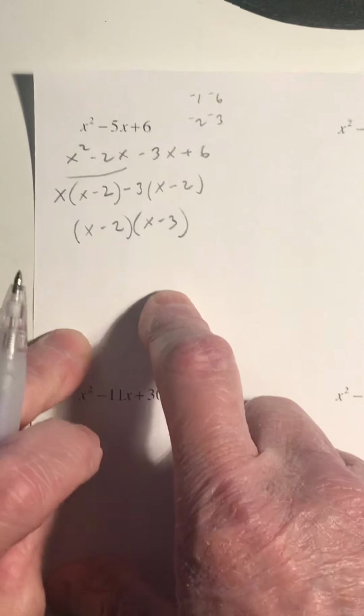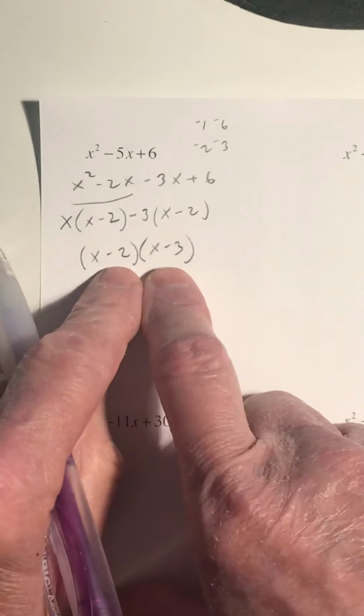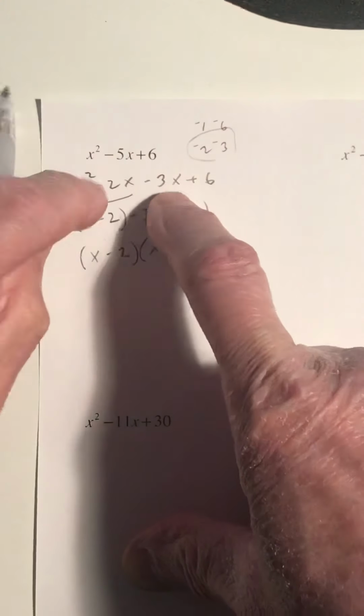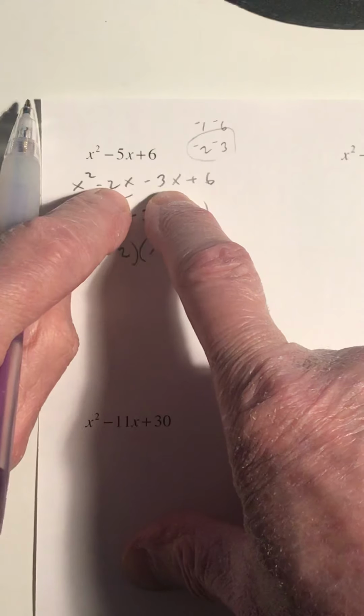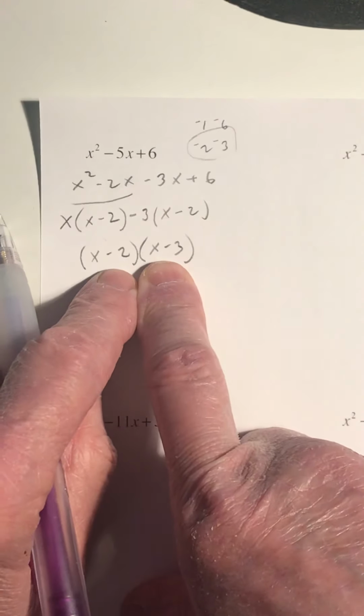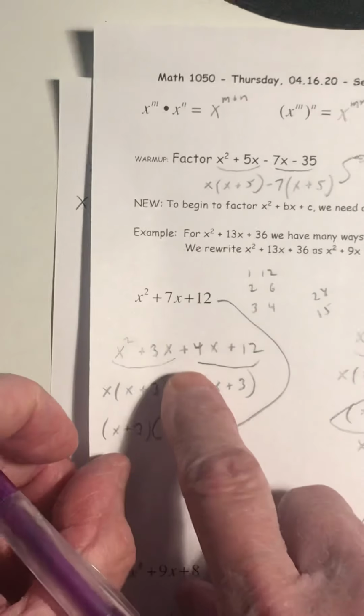Okay, now right here we might begin to notice, let me reveal, if you haven't noticed, the numbers that we used for rewriting the middle term, aren't they exactly the same as the numbers we wound up with in the parentheses? Let's look back at the first page just for a minute. We used 3 and 4.